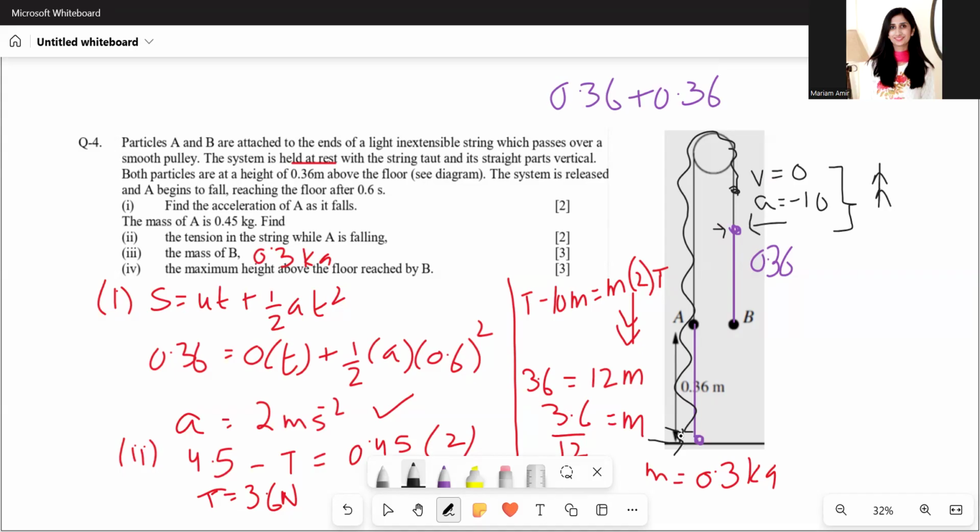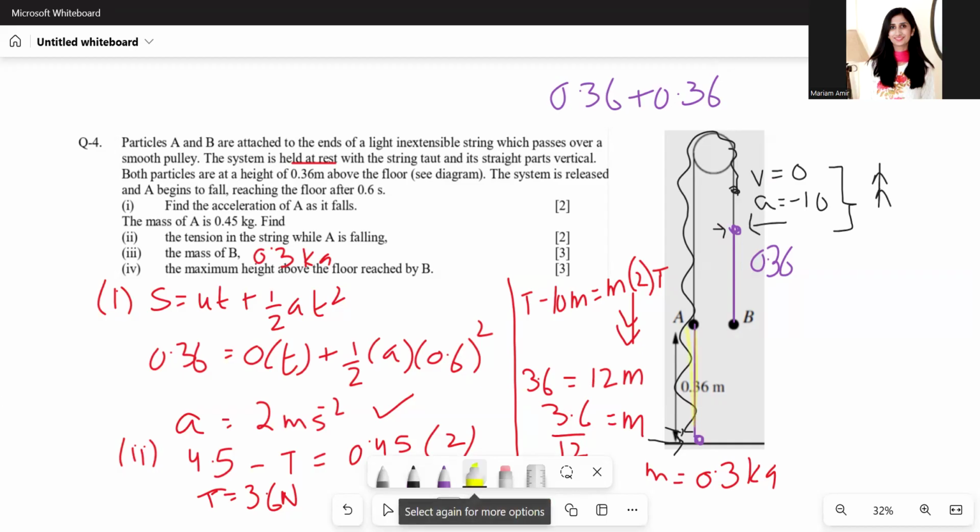No, we do not have the value of this V, but we can always find it out because we have S, we have A, we have T, we have U. We need to find V, so I'm going to use V equals U plus AT. V is what we're trying to find.